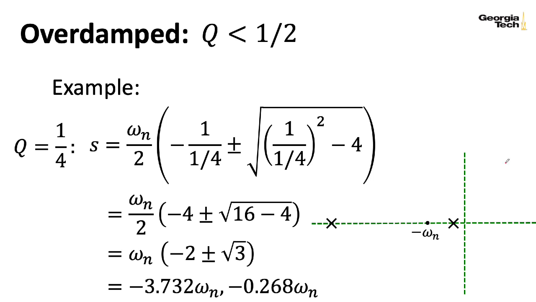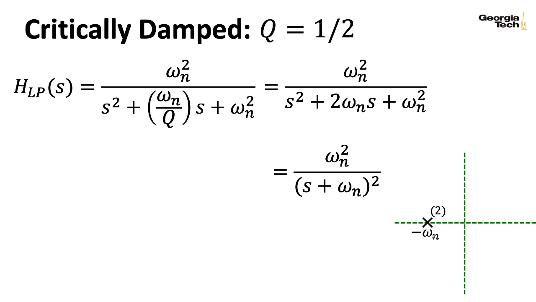All right, so imagine we're starting with an overdamped case with low Q. We start increasing Q, and these poles start going towards this minus omega n point. They eventually hit the minus omega n point when we hit Q equal 1/2. That corresponds to the critically damped case.